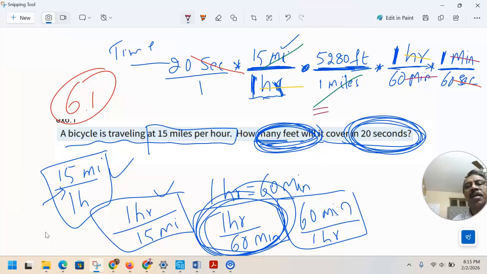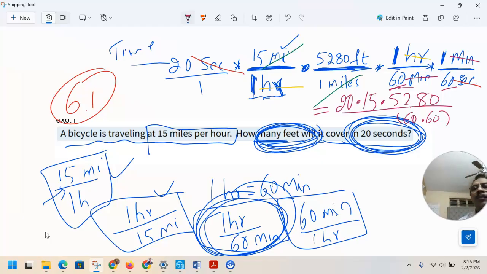So what is left is 20 times 15 times 5,280, and then divide by 60 times 60. When you put this in the calculator, the numerator you can multiply straight away, all these four numbers.